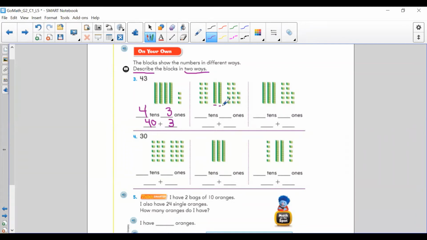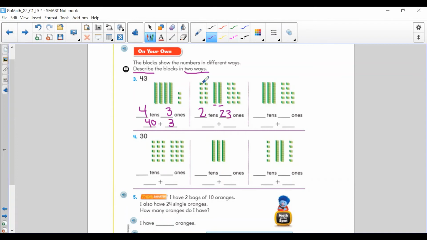Remember, this is just like dimes. We only see 2. And how many 1s? Well, this looks like 10. This looks like 20, 21, 22, 23. So we've got 23 1s.